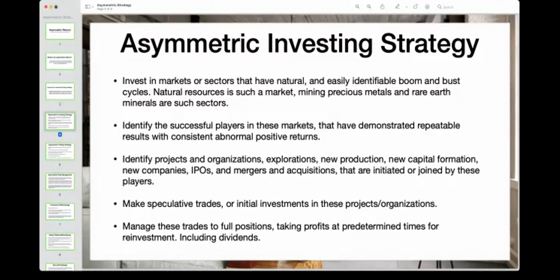That's really based on our confidence in that particular play, right? We hope that all our speculative trades turn into investments. Now, we manage these trades to full positions, taking profits at predetermined times for reinvestment, including dividends.